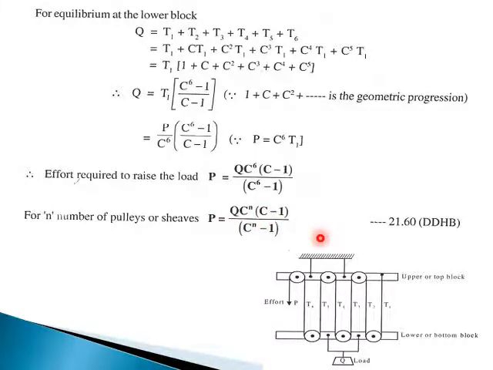So this is how you get the equation for calculating the effort required at the end of the pulley by knowing the Q value, nothing but the sum of the tensions, and n, the number of pulleys used. If you know the number of pulleys, you can calculate the effort required at the end of the lever.